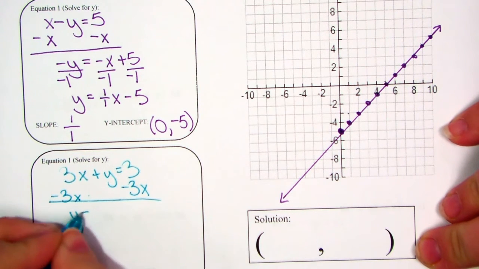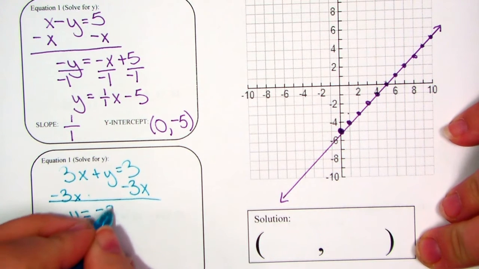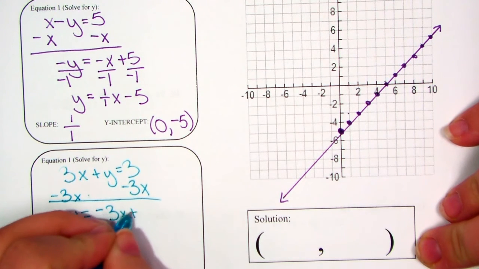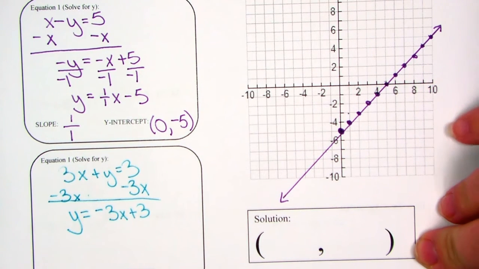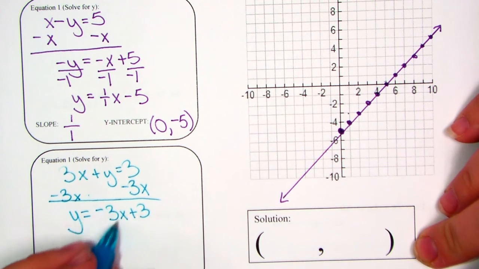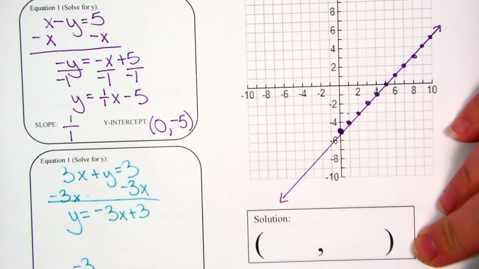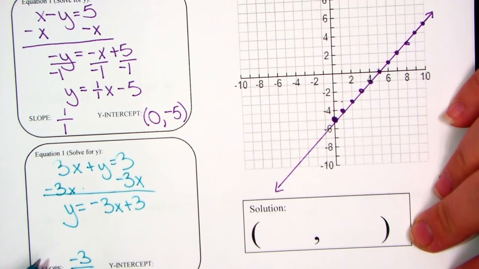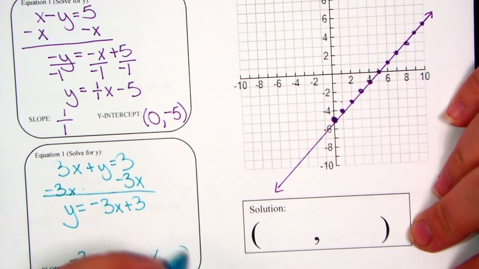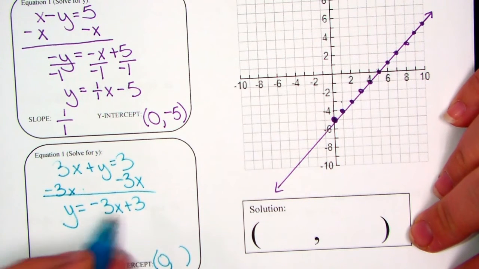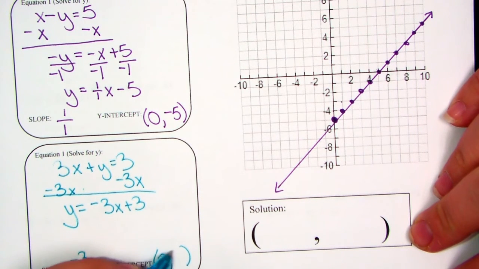Leaving me with y equals negative 3x plus 3. So my slope is the number in front of the x, negative 3, and as a fraction, we put it over 1. And my y-intercept, 0, comma, and the number that's all by itself, 3.